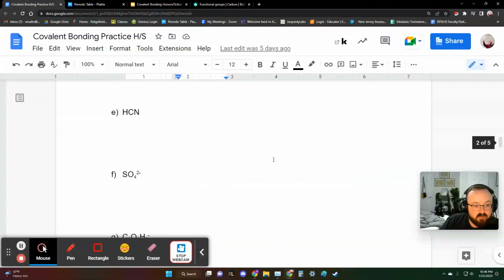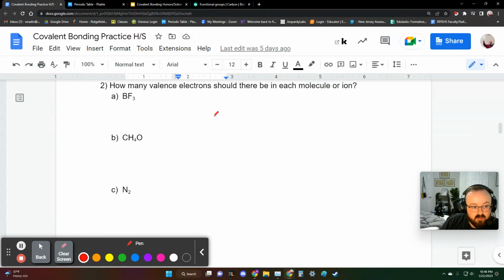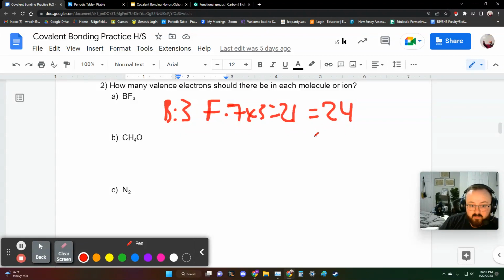Back up here, when we calculated this, we said that boron had 3, and the fluorines had 7 times 3 equals 21. And we added that up, and there should be 24 valence electrons.